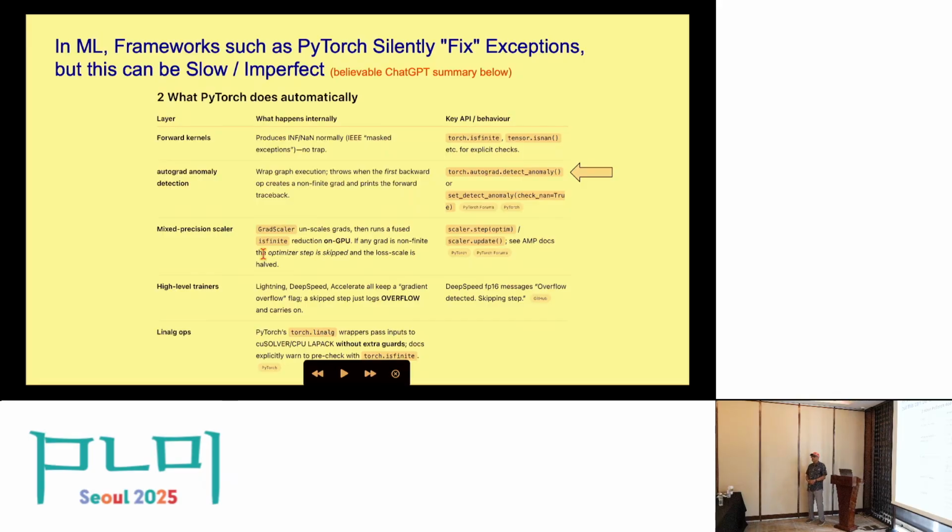So we could take a look at what happens in very well used libraries such as PyTorch. And it's clear that there are various layer types, and they have anomaly detection mechanisms and scaling steps.